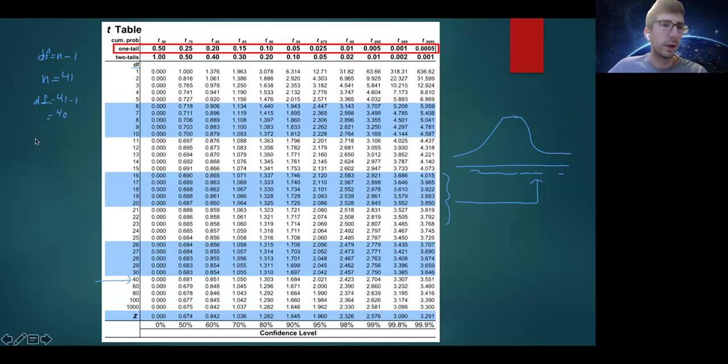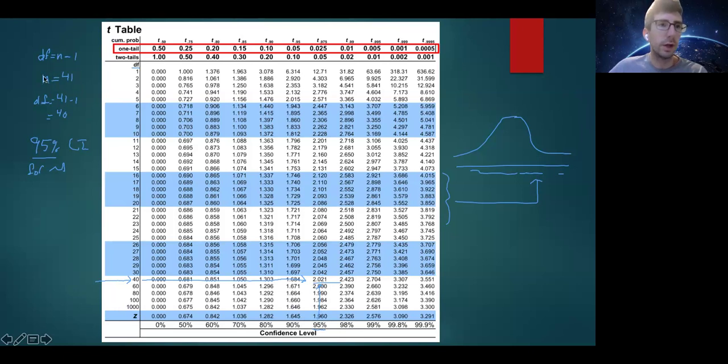So if we were asked to construct a 95% confidence interval for mu, we would come to this column. And just like our z table, we would find where that row and that column intersect, but now it's a row of degrees of freedom and a column of confidence level. And so our t value would be 2.021 in this specific example.